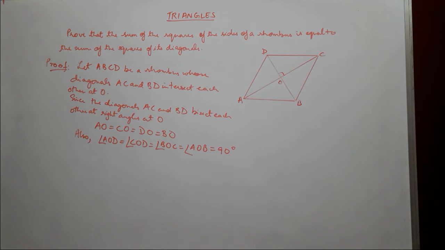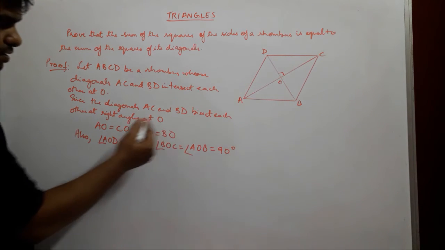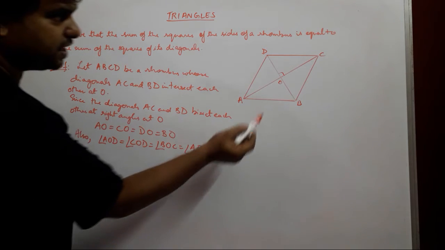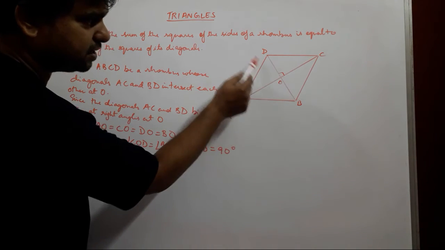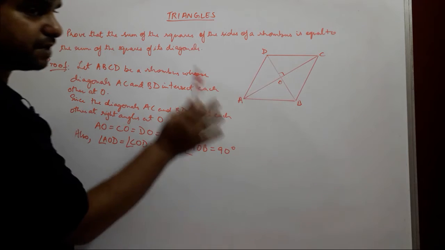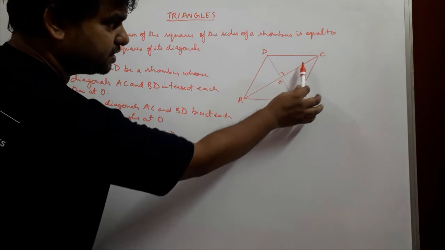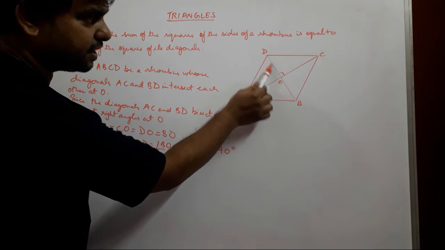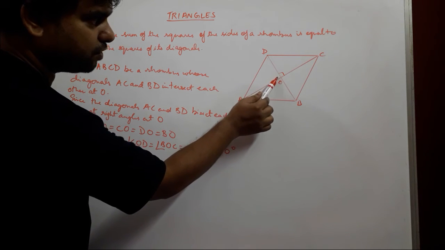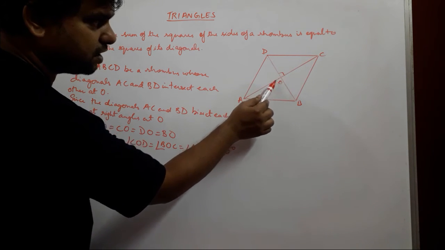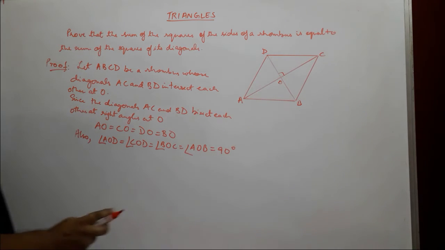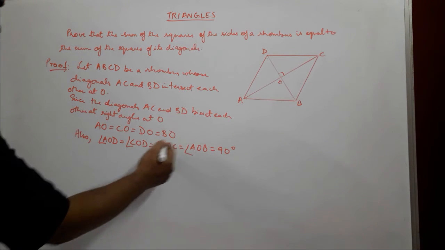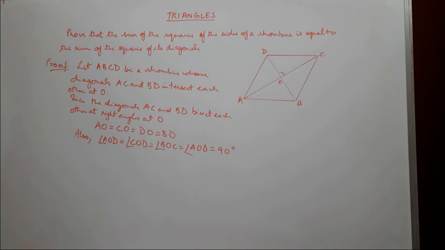So two things we know, because this is a rhombus, that the diagonals bisect each other at right angles. When you say bisect, that means they divide each other into two equal parts, and at right angles, that means all these four angles are 90 degrees. So hence we have stated it over here.